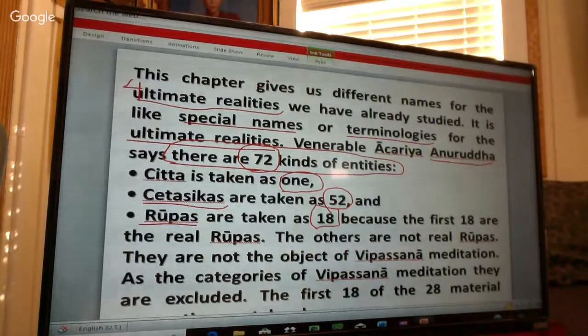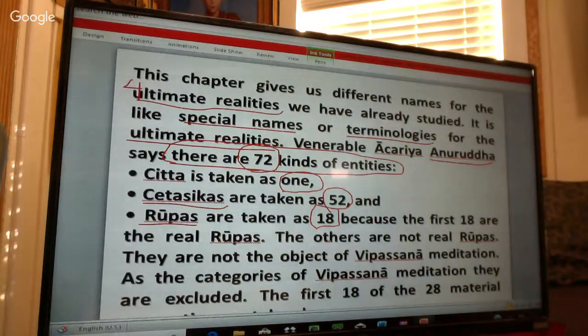We already learned Nibbāna and Rūpa in chapter 6. The material is altogether 28 kinds, but only 18 kinds of the material are the real material.